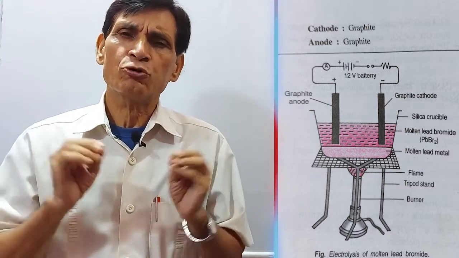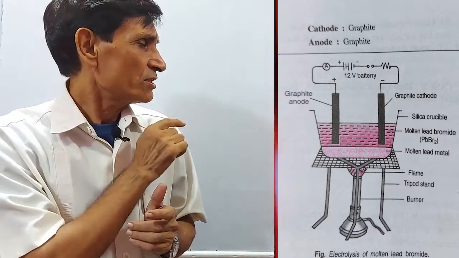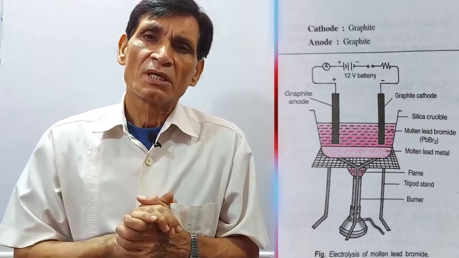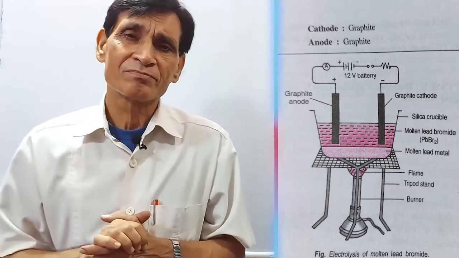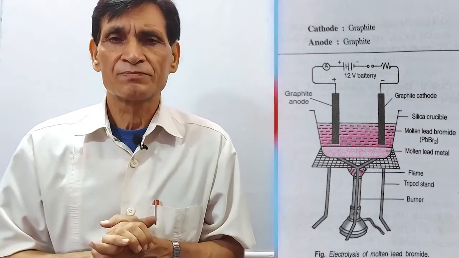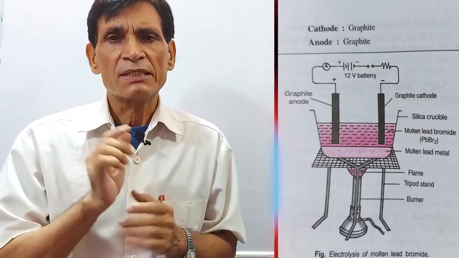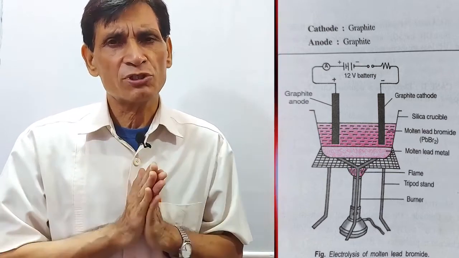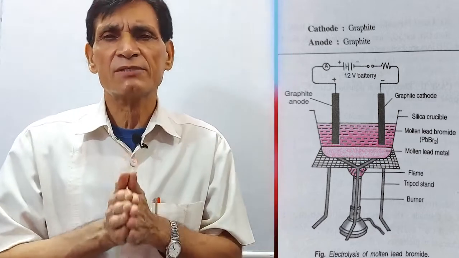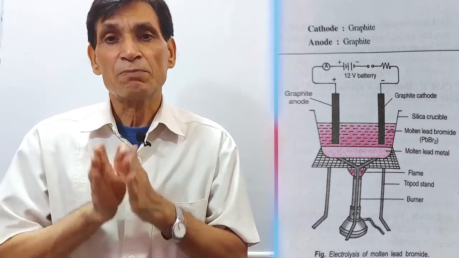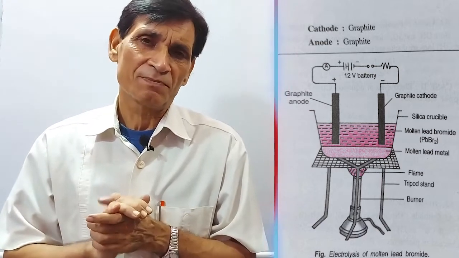An inert cathode, graphite or platinum, is immersed in the molten lead bromide and connected to the negative terminal of the battery, which is the cathode. Reason: graphite anode is preferred because it does not react with bromine, but if a platinum anode is used, then platinum reacts with bromine.